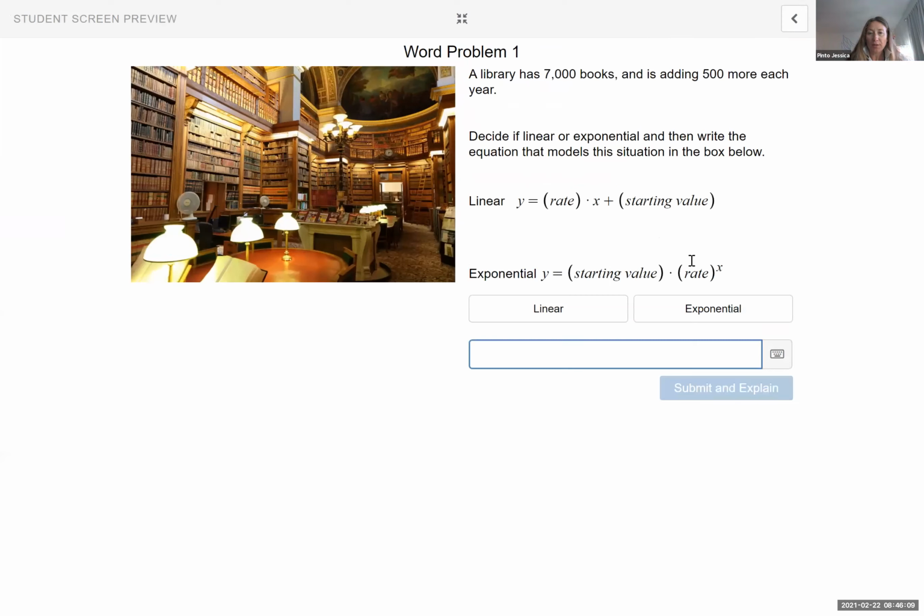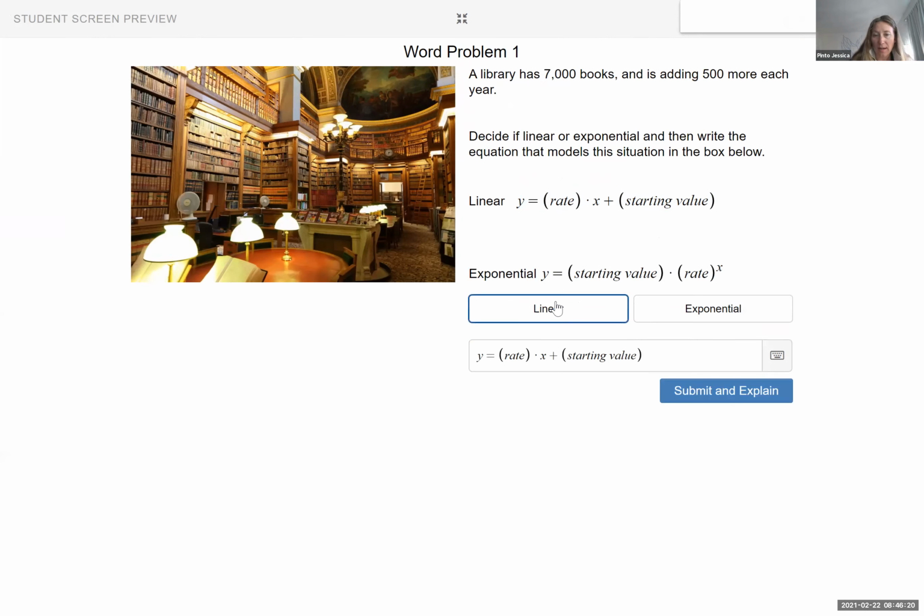And so what I'm going to do is copy paste this linear equation, Control C. Let's see if it worked, Control V. Perfect. And I'll select linear. And then I need to just fill in the starting value and the rate. The starting value is going to be 7,000. And the rate is 500. And now I have created an equation for linear.